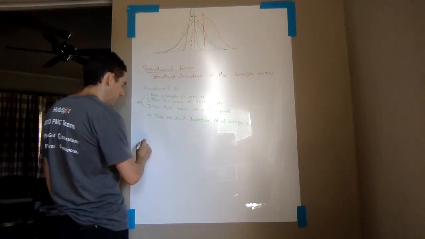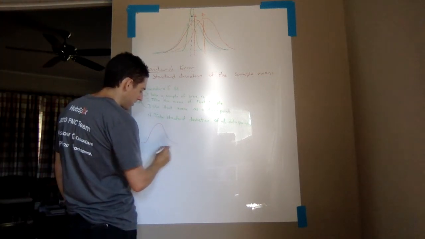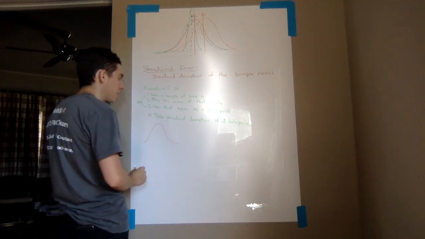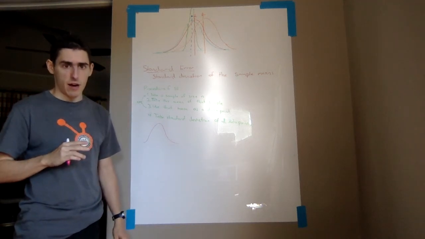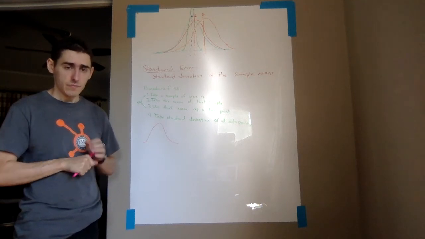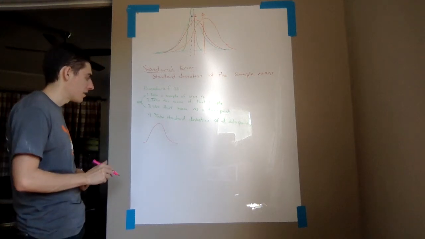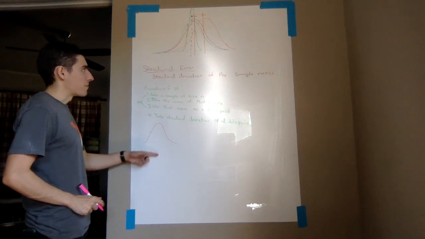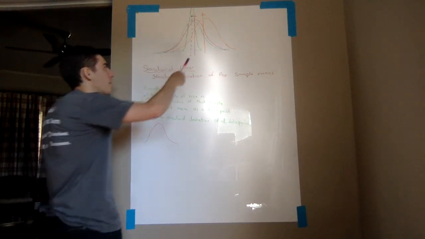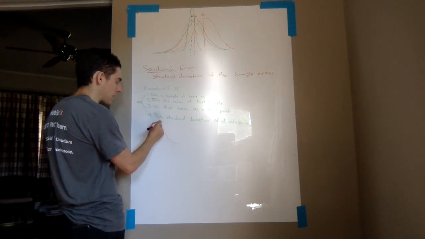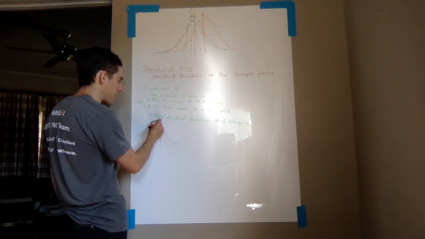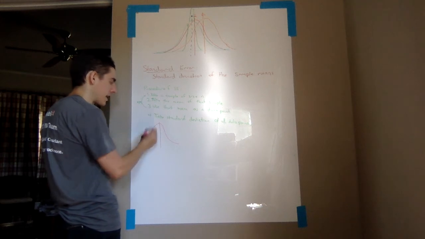So we've got a bell curve. I'm going to skip over how we get standard error for a moment, and I'll come back to that. We have this bell curve, and we ask, for the experimental group, how far away is it from the mean of the means? How many standard deviations?